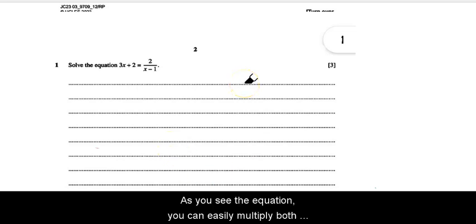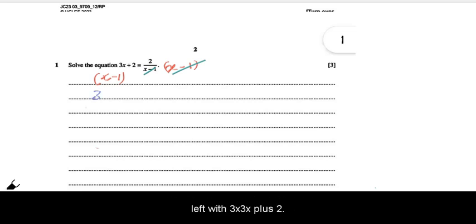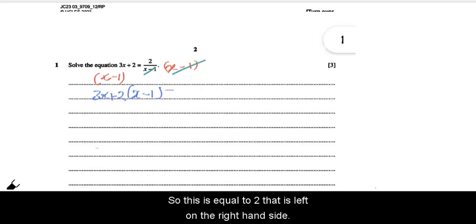Very quickly, as you see the equation, you can easily multiply both sides by x minus 1, the denominator, such that the x minus 1 and x minus 1 cancel out, and we are left with 3x plus 2, multiplied by x minus 1, equal to 2 that is left on the right hand side.